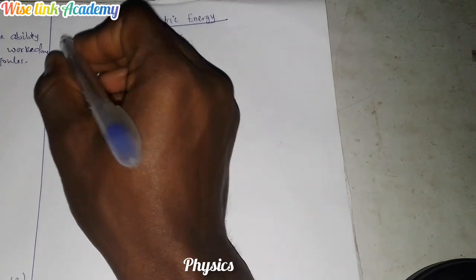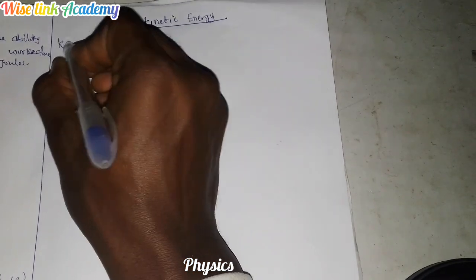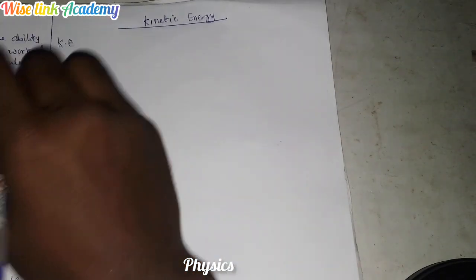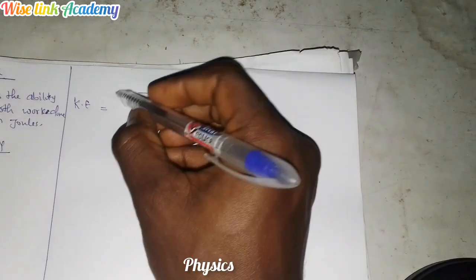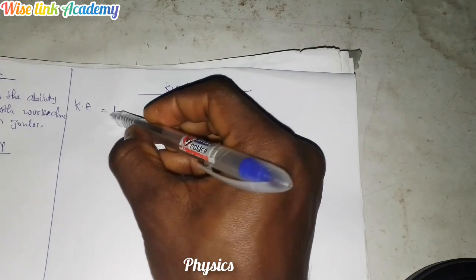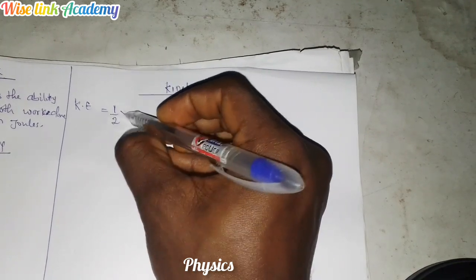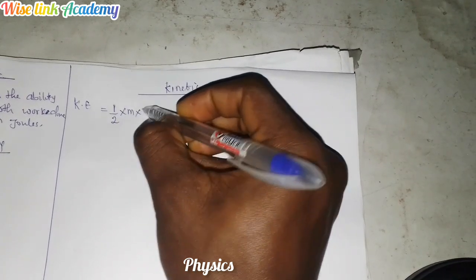You can say our KE is equal to 1 over 2 mass times velocity square.